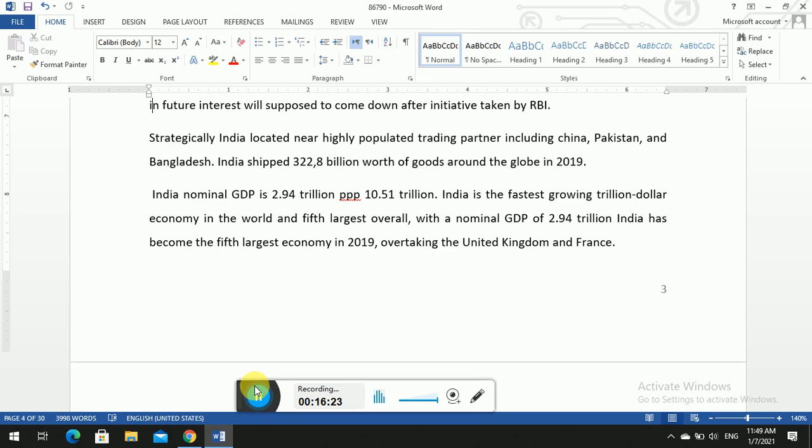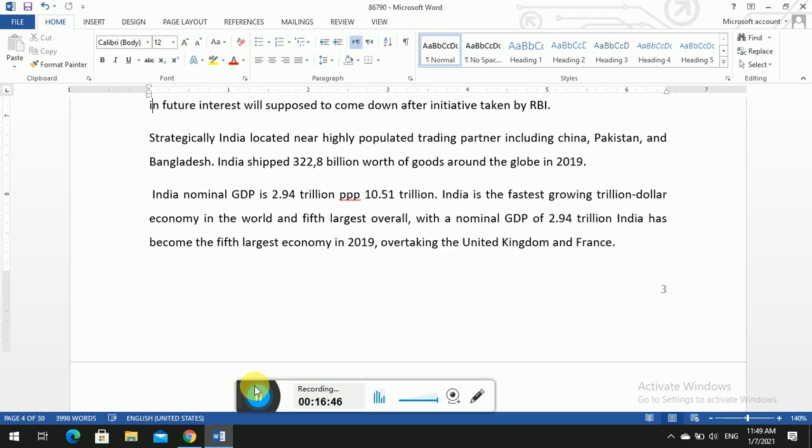So India's nominal GDP is 2.94 trillion, and PPP is 10.51 trillion. India is the fastest growing $1 trillion economy in the world, and fifth largest overall. Now they are trying in the next 10-15 years to be the third.